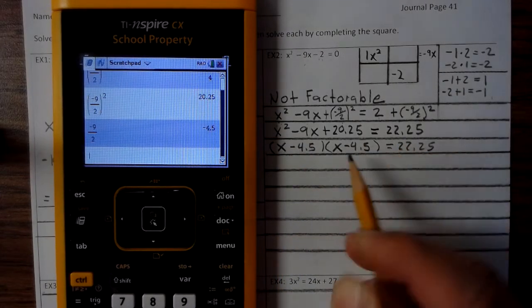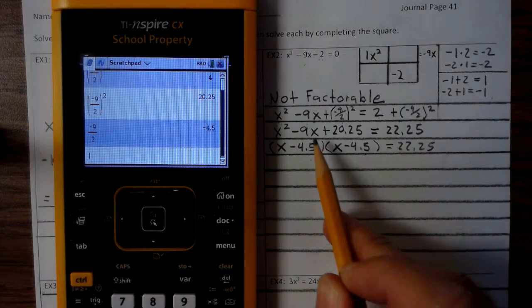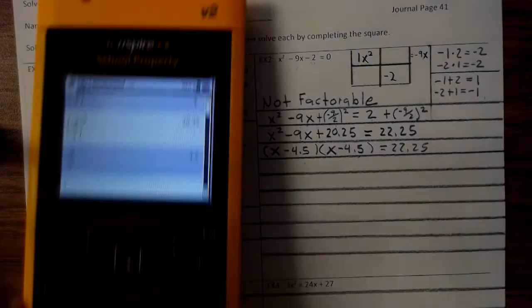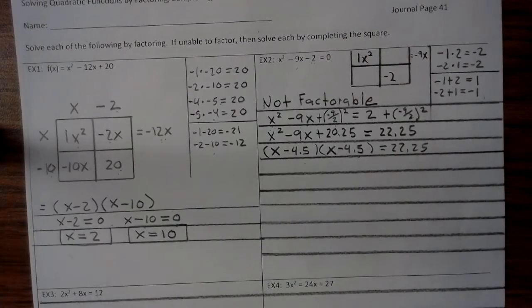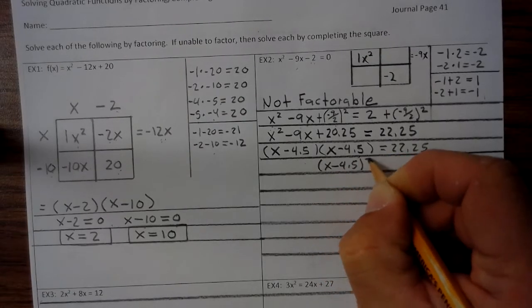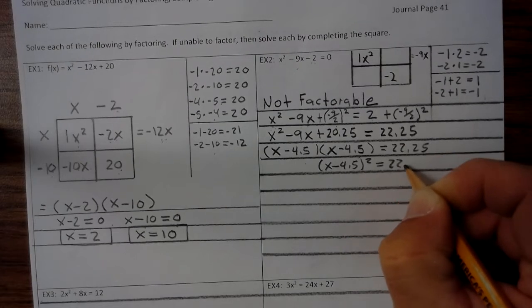And we know this works because negative 4.5 and negative 4.5 combine to be negative 9, and they multiply to be 20.25. Okay, well, now we can write this as x minus 4.5 squared equals 22.25.